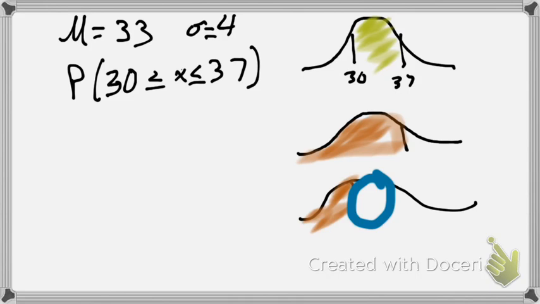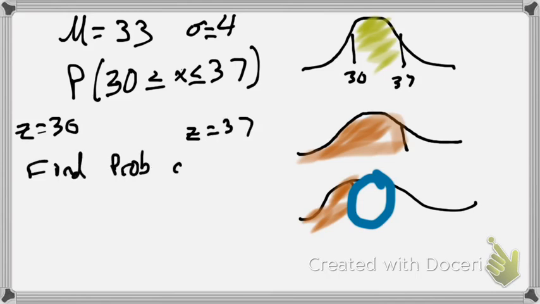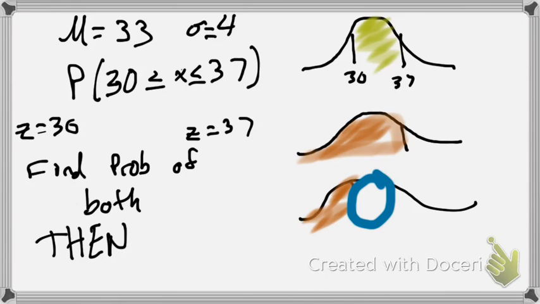So what you need to do here is calculate a z-score for 30 and calculate a z-score for 37 and find the probability of both, then subtract. Don't subtract the z-scores. Find the probability of both of them, then subtract. So find what your z-score sheet says, then subtract them from each other.